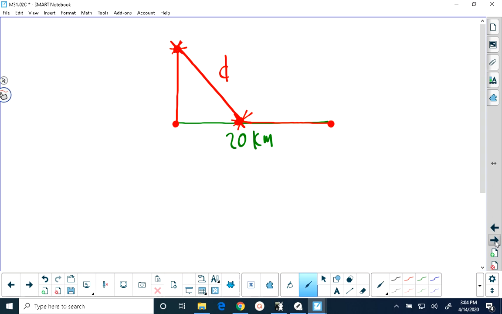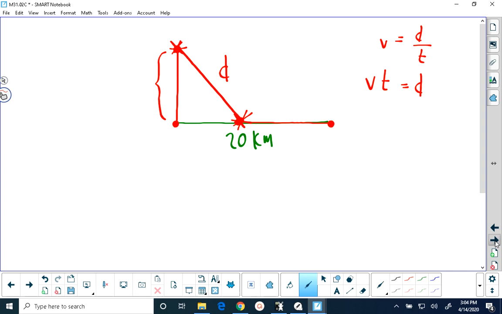Now the next thing we need to do is come up with an expression for this distance that the boat that's traveling north has traveled. We're going to do that by using a bit of science. Speed equals distance over time, which means distance equals speed times time.